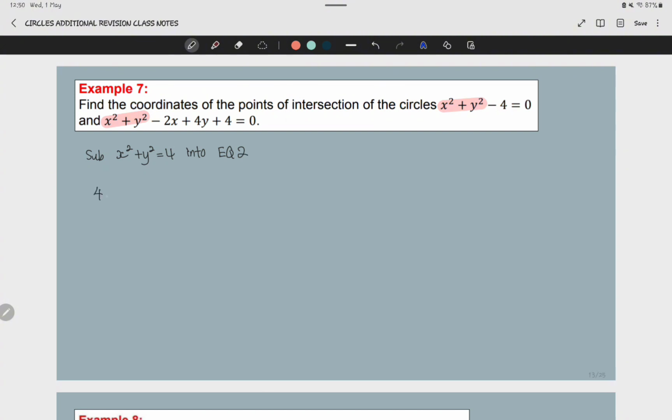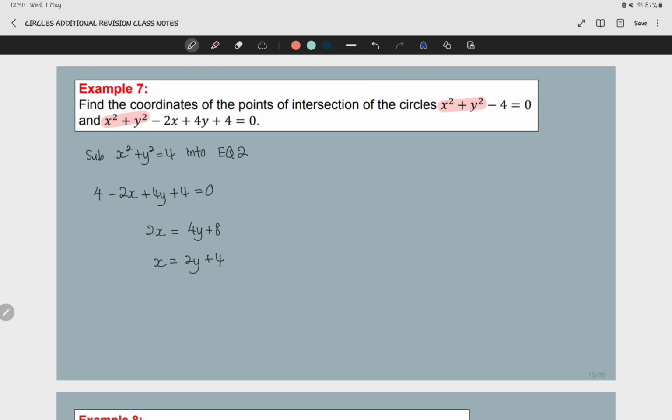So you get 4 minus 2x plus 4y plus 4 equals 0. Okay, so move across, 2x equals 4y plus 8, x equals 2y plus 4. Okay, 2y plus 4. This is the thing that we want.